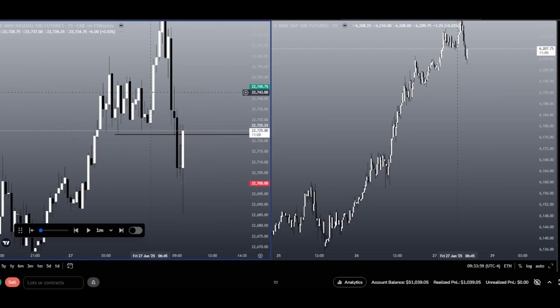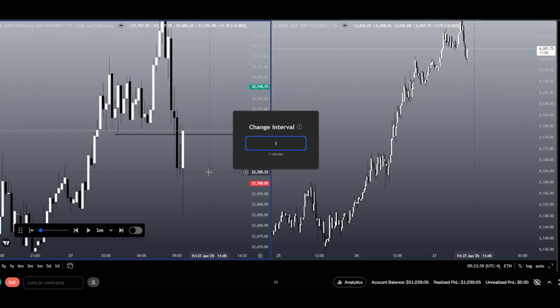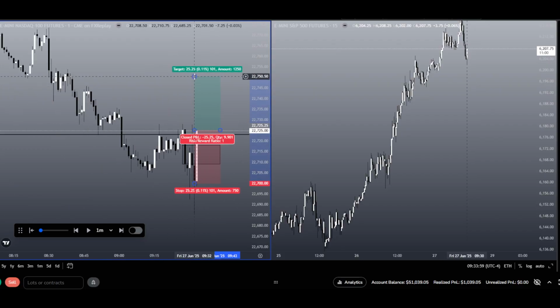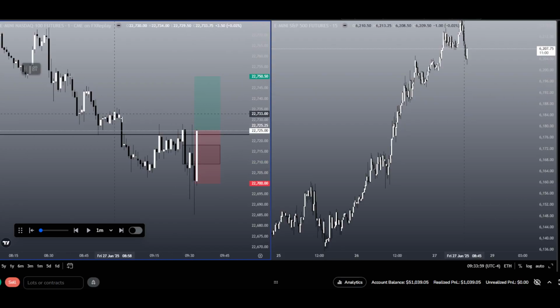So you're still coming off of a sweep, like this sweep. And we didn't close below the low, so it counts as a sweep, and we have good displacement. So yeah, you can take this. So SMR here, breakers here, CSDs here.